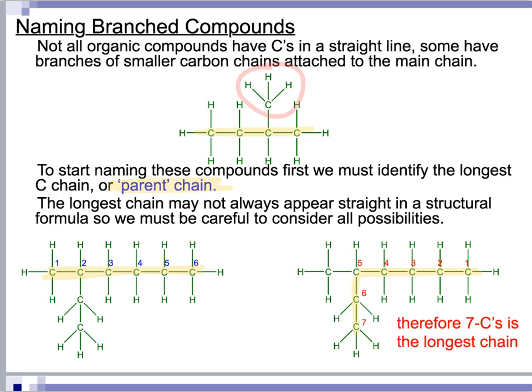Now I in fact have 7 carbons in a row on this structure on the right. So in this structure here with 7 carbons in a row, that is my parent chain, and as we'll see on the next page, the carbon I did not highlight in yellow becomes a branch.